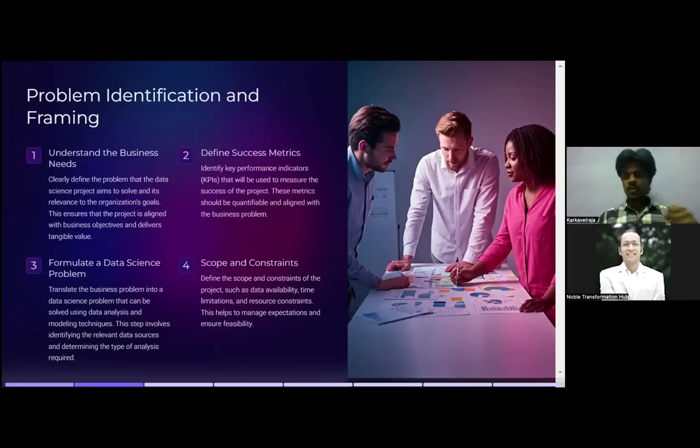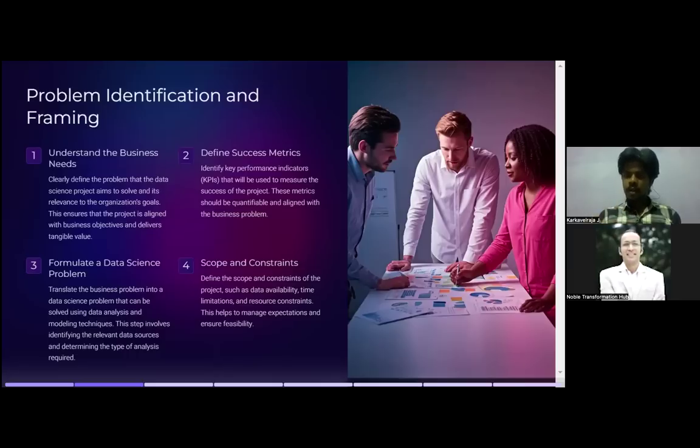So the first step is problem identification and framing. First of all, understand the business needs. What is the business requirement? That's the first thing we need to understand. You need to have a draft kind of thing. Whenever a client comes to you and asks for anything, you need to find what the business intention behind it is.